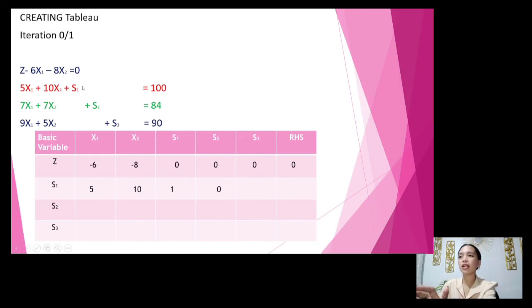And the other following values here are 0, 0, and equals 100. For our s sub 2, we have 7, 7, 1. For our s sub 2, this is the value. Then 0, 0, and equals 84. Next is 9.